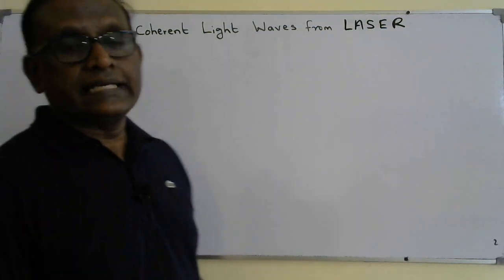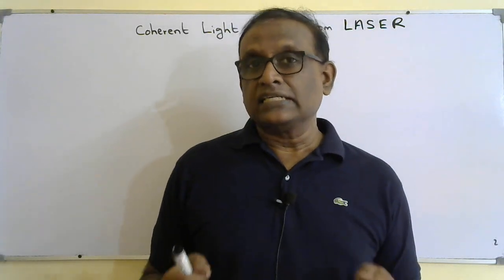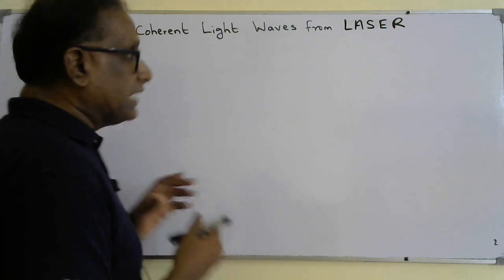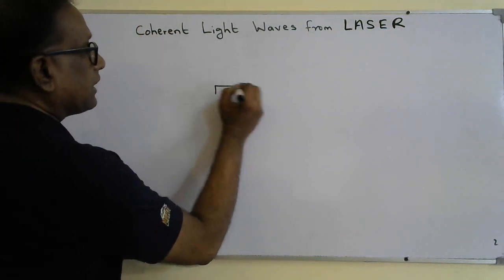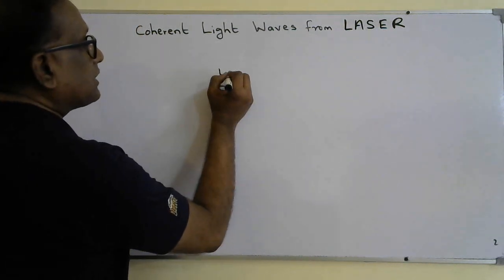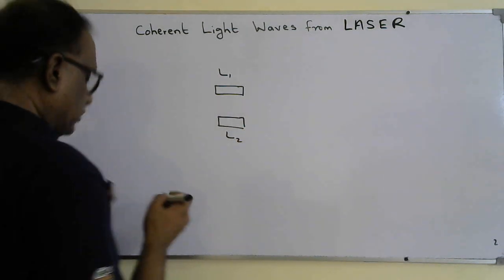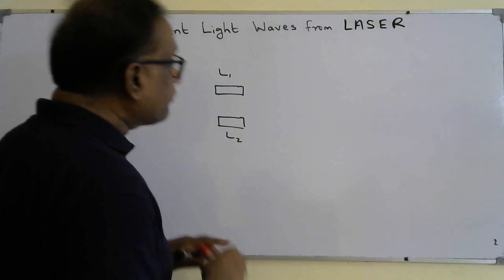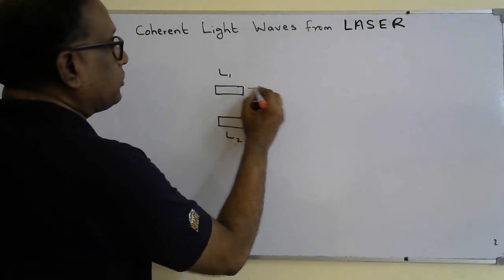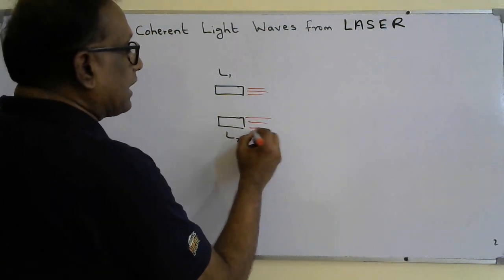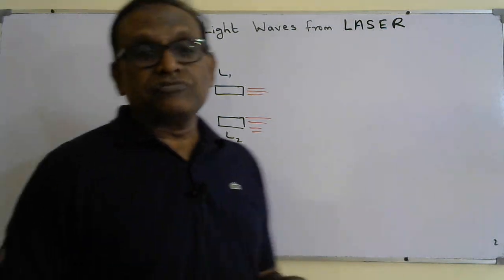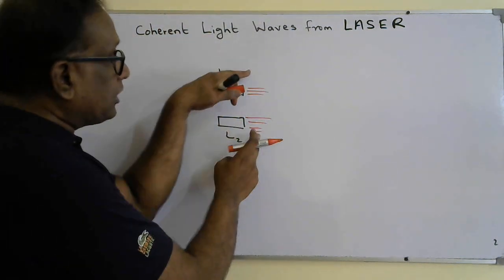Okay, so when you consider two different laser beams from two different torch lights, this is the first laser torch, this is the second laser torch. When you consider the laser light emitted by two different laser torches, there will be a random phase change between the two waves.